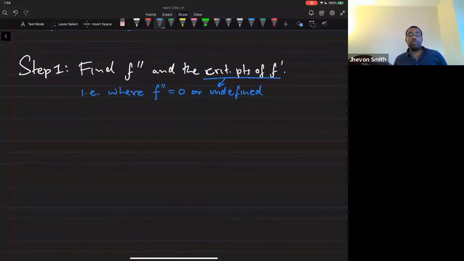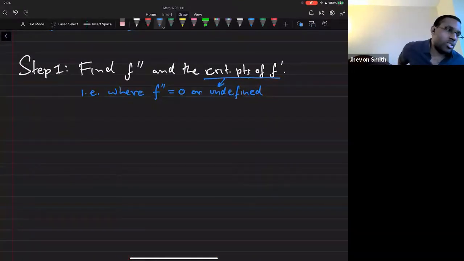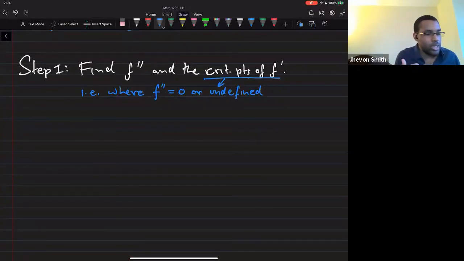So you're going to find the second derivative. You're going to find the critical points of the second derivative. You're going to find where the second derivative is 0 or undefined. Obviously, that's going to be algebra.